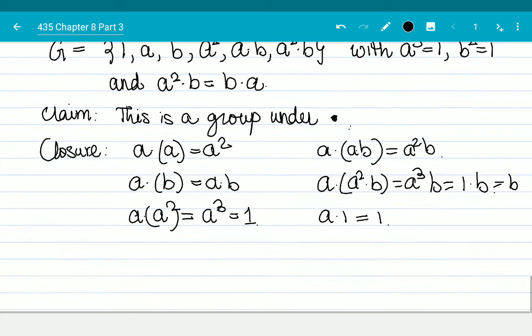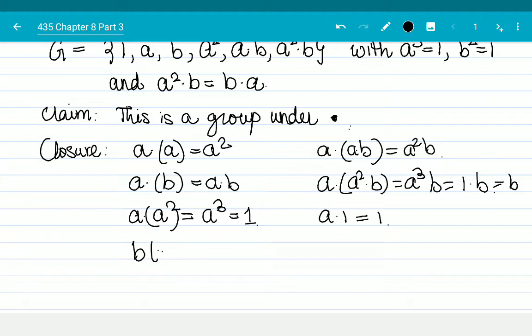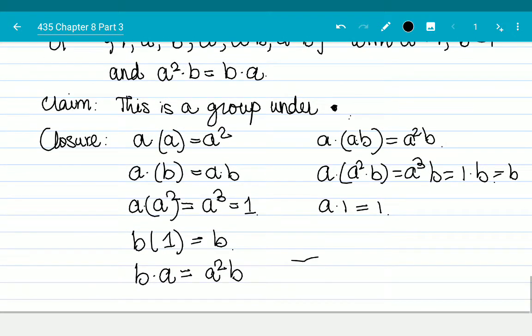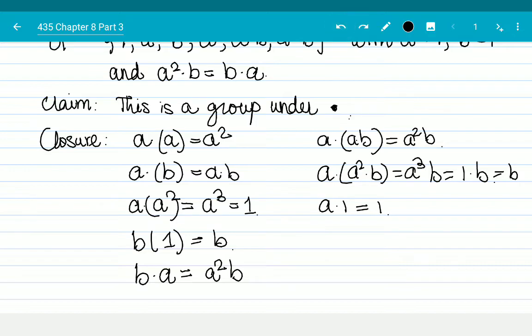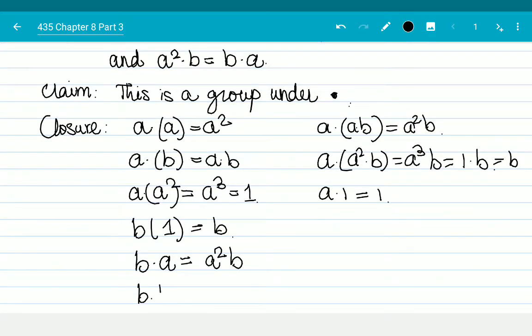Great. What about b? B times 1 is equal to b. B times a is by definition equal to a squared b. B times b is b squared, which by definition is equal to 1.